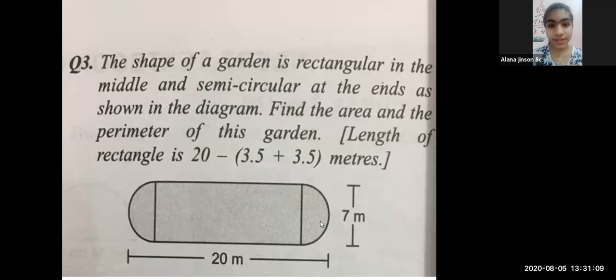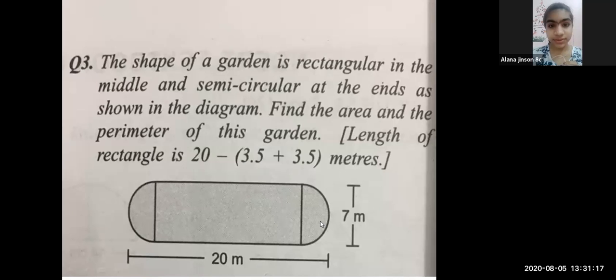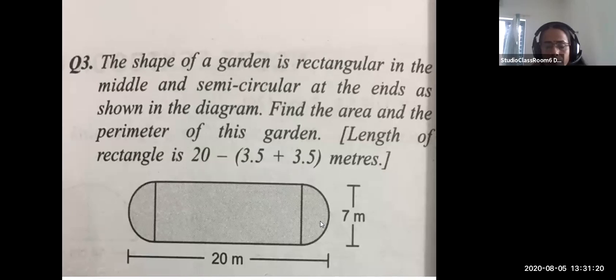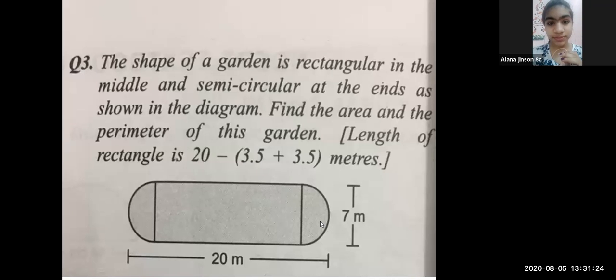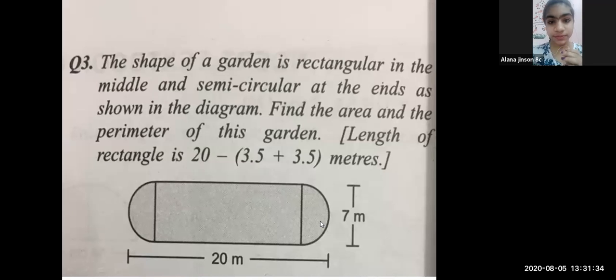Ma'am, area of circle. Area of circle is pi r square. So how will you get the semicircle's area? 2 into 1 by 2 pi r square. No, I'm asking what is the area of one semicircle? 1 by 2 pi r square.